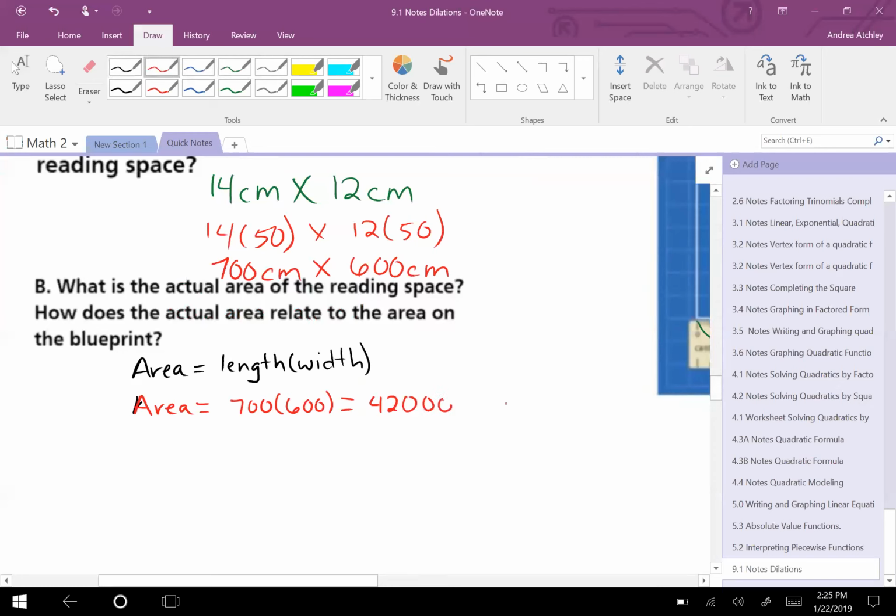So 420,000 centimeters. Oh, and centimeters squared.